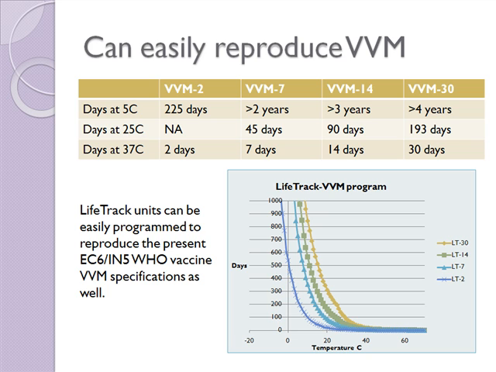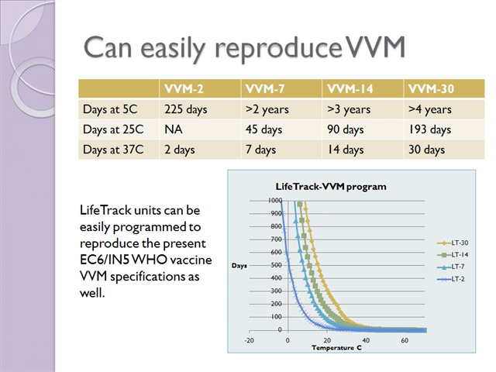One other nice feature of the LifeTrack approach is that there is a lot of data right now available for VVM, even though we know they're not really very good for freeze-sensitive vaccines. Still, there's a ton of data available that would be wonderful to use to simplify validation if we eventually went to a LifeTrack approach.